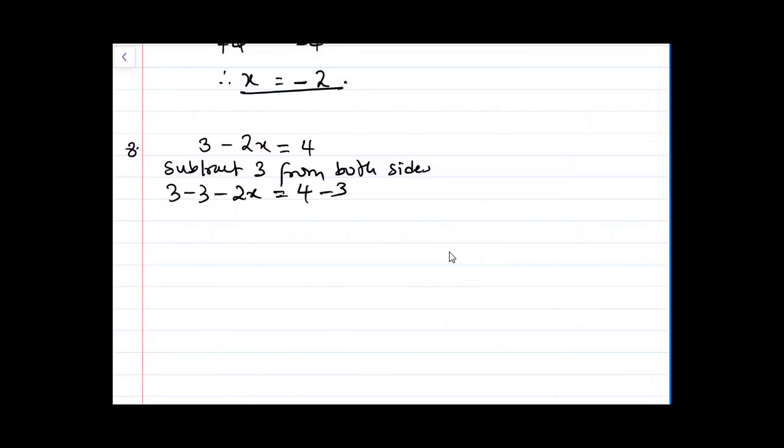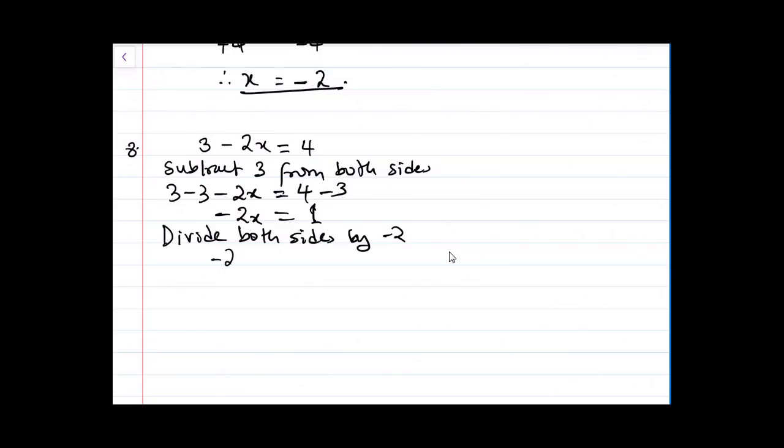So you can see how quick this one becomes. We have minus 2x equals 1, since 4 minus 3 gives us 1. And here we're going to divide both sides by the coefficient standing beside our variable, and that is minus 2. So we'll say divide both sides by minus 2.